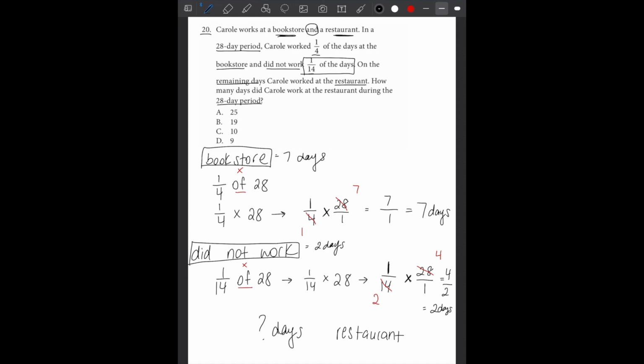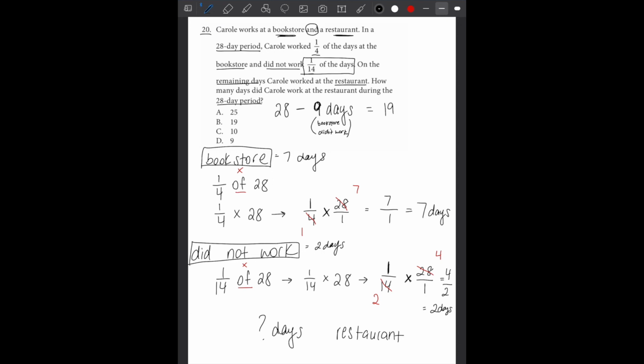So if we add up the bookstore days and the days she did not work, we got 7, 8, 9. We got 9 days. So of the 28 days, if we subtract 9 days, which is the days just at the bookstore and days she didn't work, these are added together in the 9.